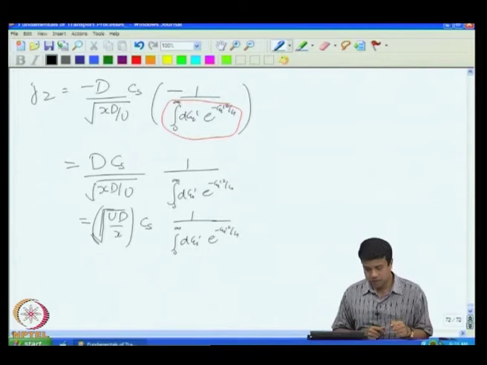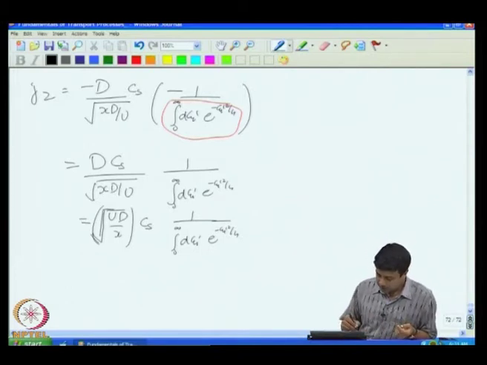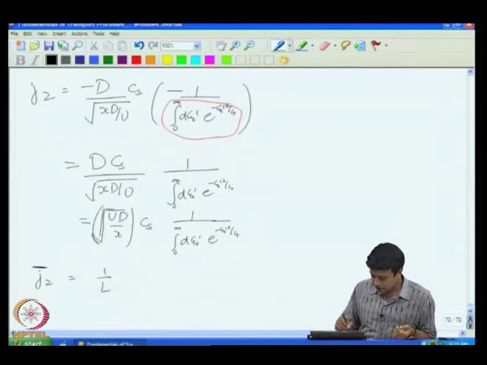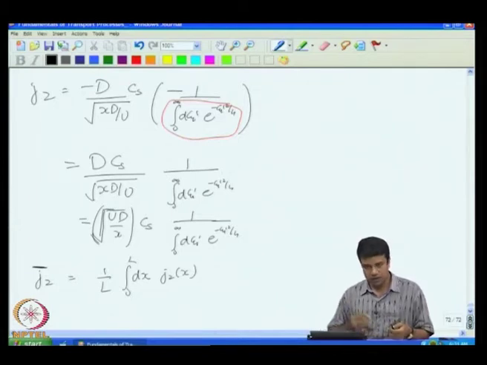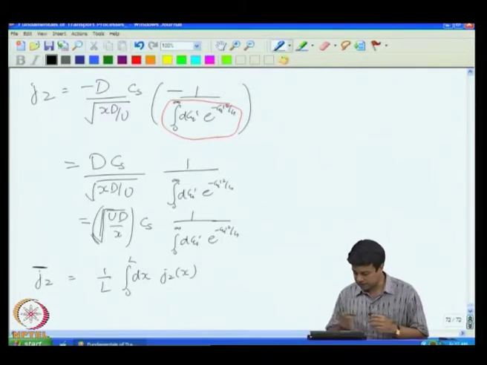So, let us write that. The average flux, Jz, I will use an over bar for average, will be equal to 1 over L integral 0 to L dx of Jz of x. So, I sum up the flux at every location, integrate over the entire length from 0 to L, and divide by L in order to get an average flux. So, that is my procedure for getting the average flux.